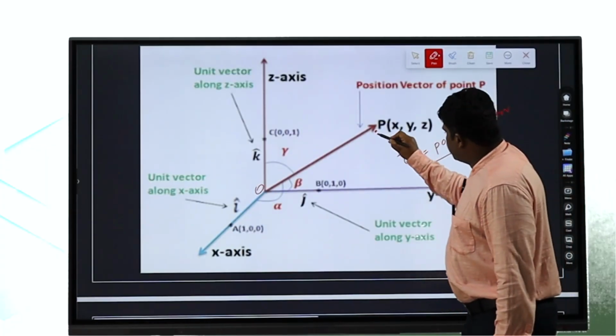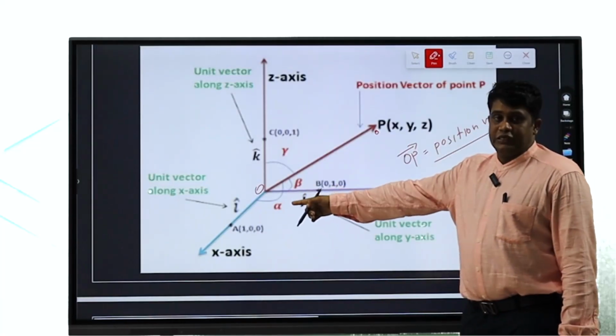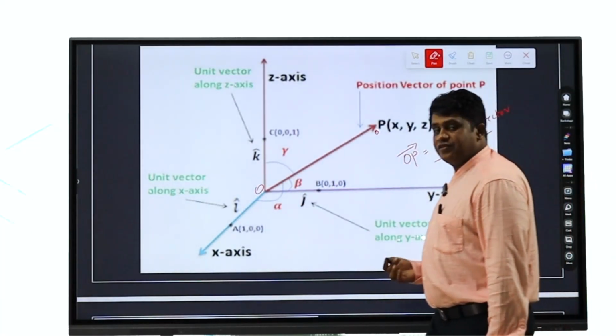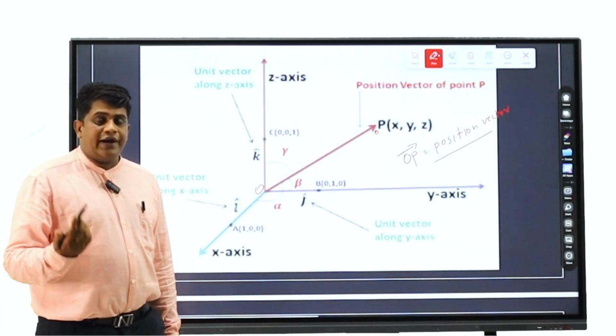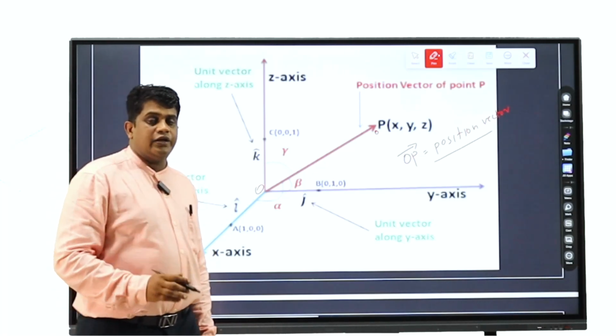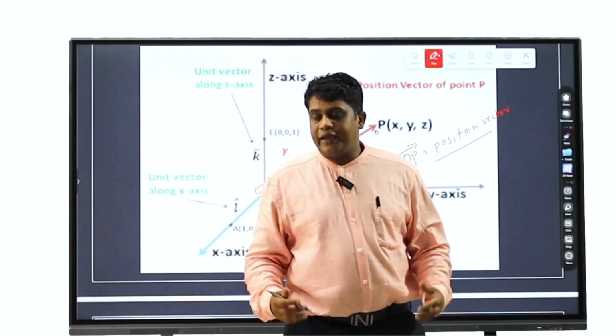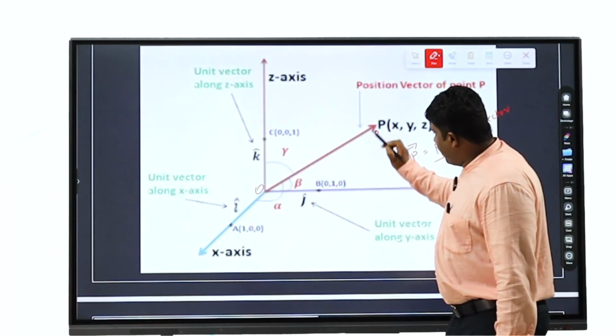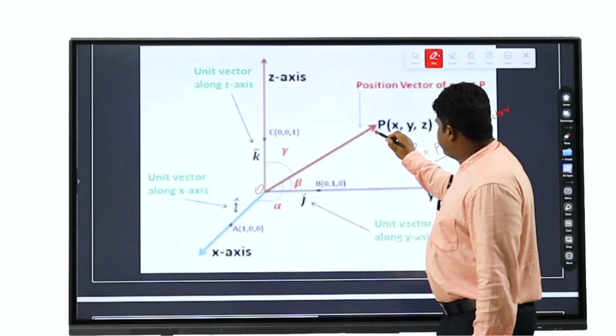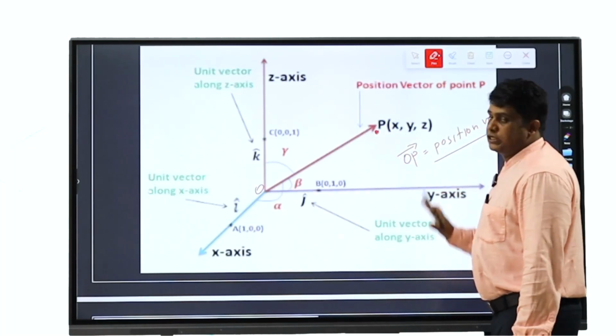Because it locates this point P with respect to the origin. What is a position vector? A position vector is a fixed vector which locates a point with respect to another point. Usually it is the origin. So here OP is a position vector. It locates the point P with respect to the origin. That is why this vector is said to be a position vector.